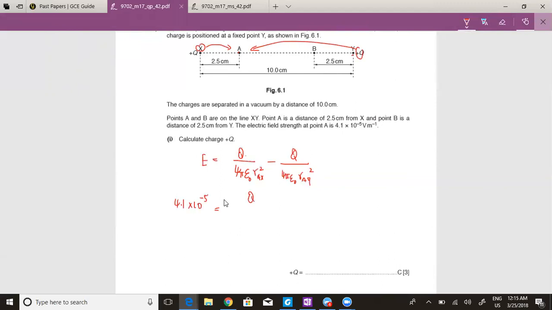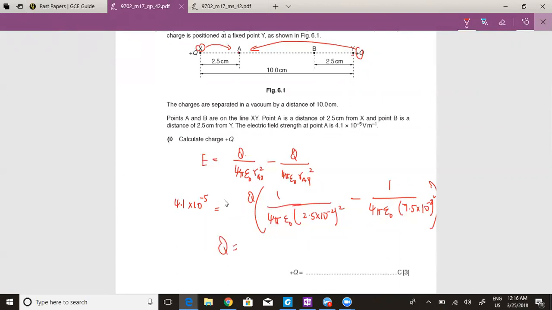We have to find Q, so you take the common 1 over 4 pi epsilon 0. R is 2.5 into 10 to the power minus 2, squared, minus 1 over 4 pi epsilon 0 times 7.5. Note that from here to here it's 7.5 into 10 to the power minus 2, squared. And what does that solve to?